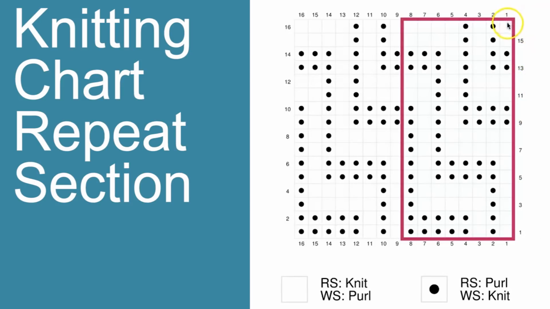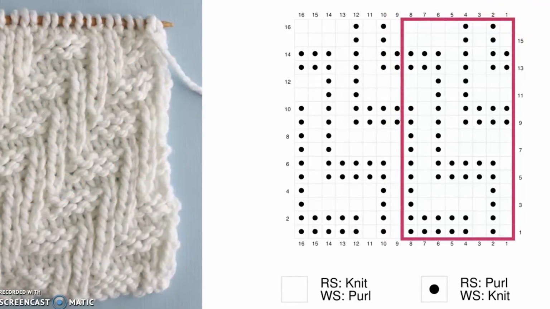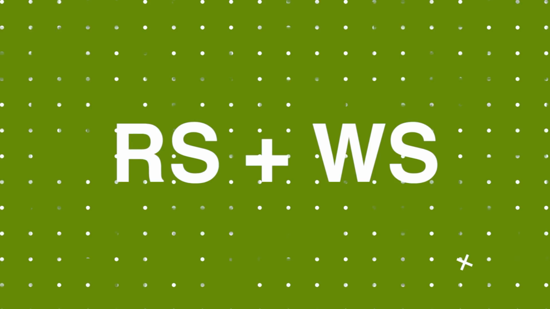So it's going all the way up 16 rows here, and that's just showing you exactly where the repeat section is. The reason that I'm showing you even more than that is that it helps you understand the actual design of the pattern. So if you see that our little dots in the pattern are helping us understand it, and then we look over at our completed swatch, you'll see exactly how they match up.